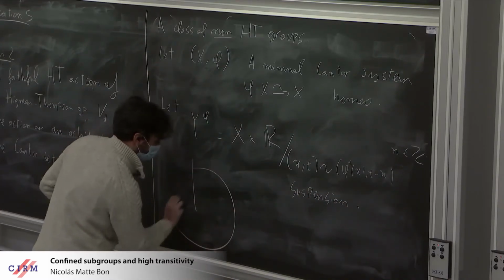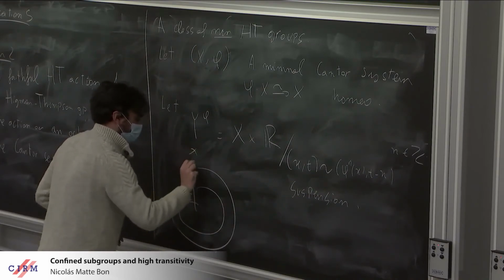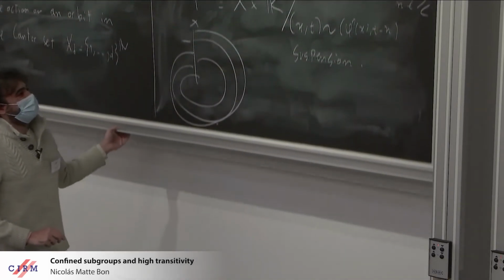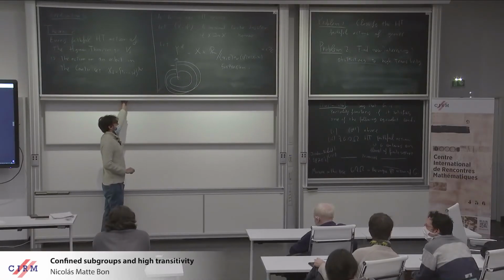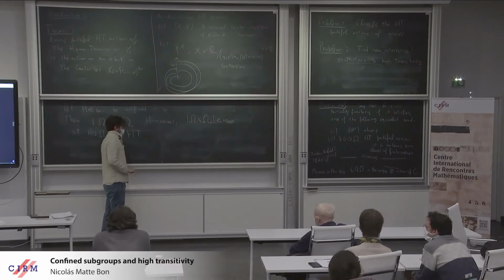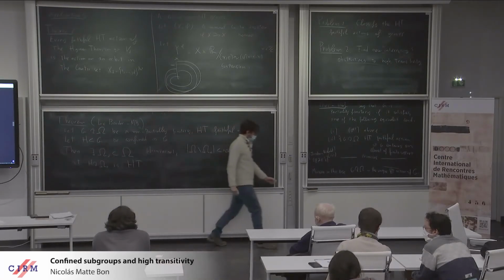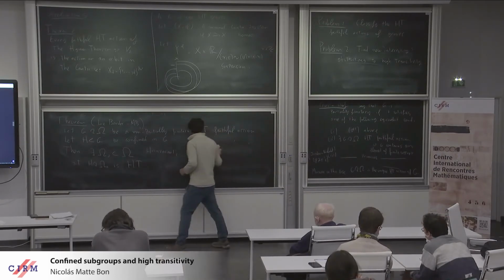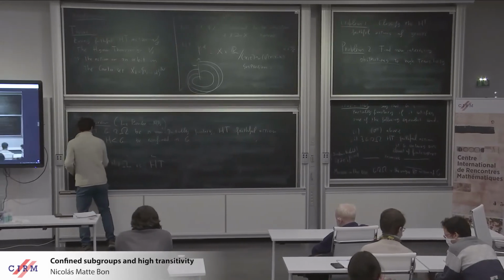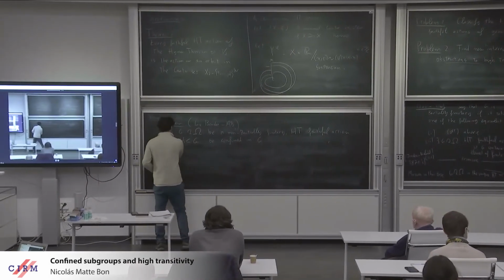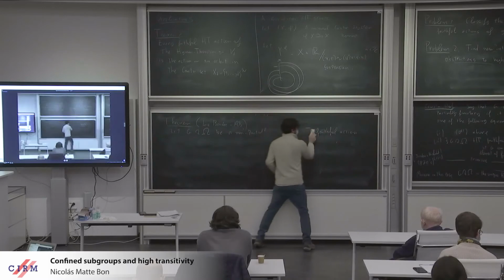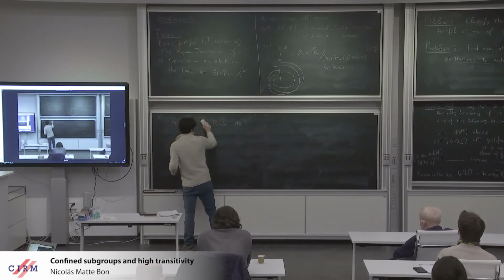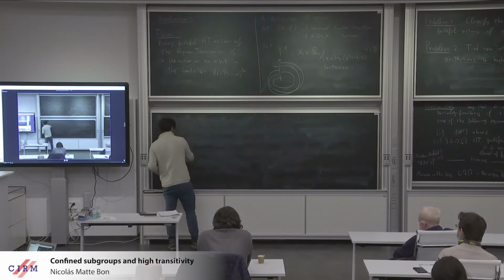So this is just the mapping torus in the usual sense. Now the idea is to look at groups that act by homeomorphisms on this suspension space.